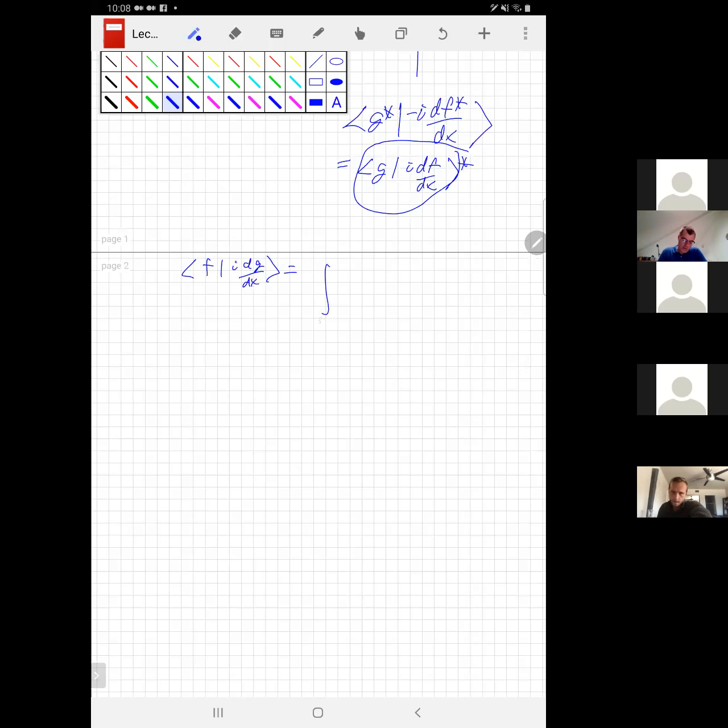The inner product of f with i dg/dx. All right, and we're assuming these are real functions, so we don't have to complex conjugate the functions. And we worked out via integration by parts that that's minus i times this.